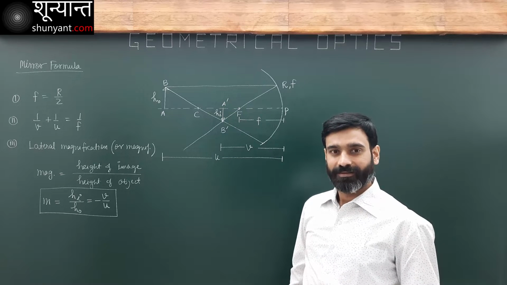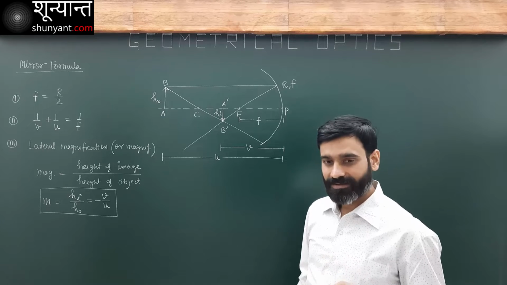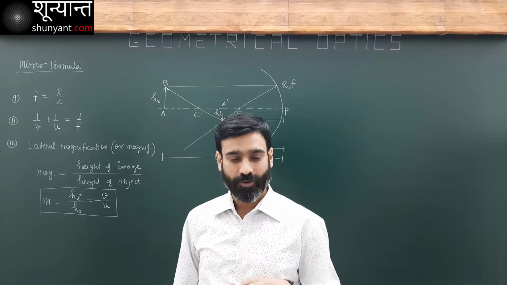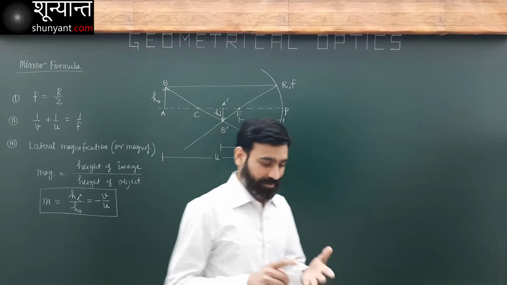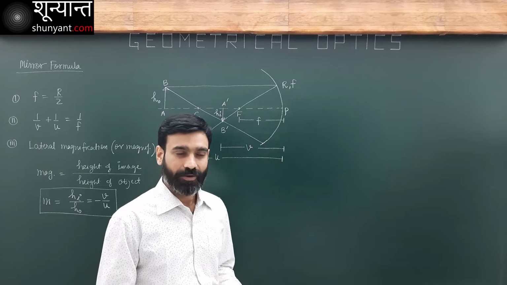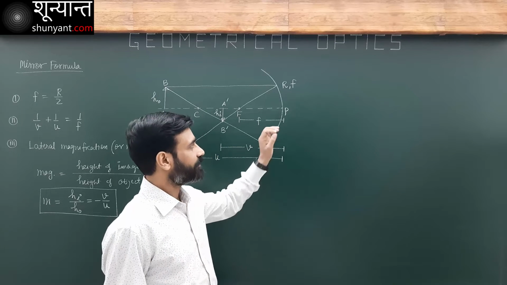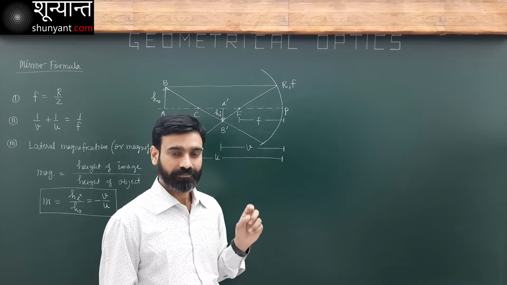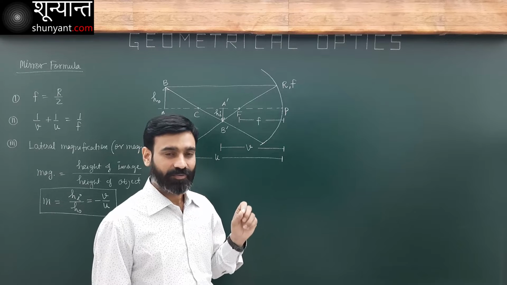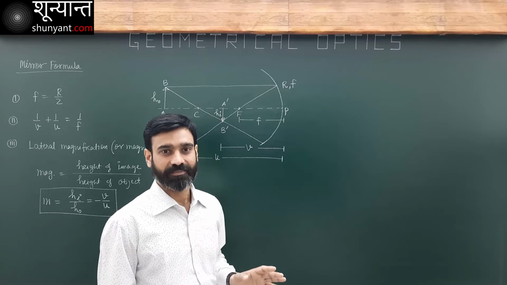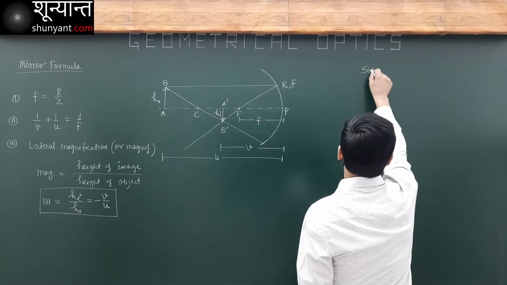So we have developed a standard sign convention, and that sign convention is common to all optical systems, whether it is a mirror, a lens, or a combination of lenses and mirrors, or whatever it is. So we are going to understand one sign convention, only one, that will be common to every system. Then here it is: sign convention.